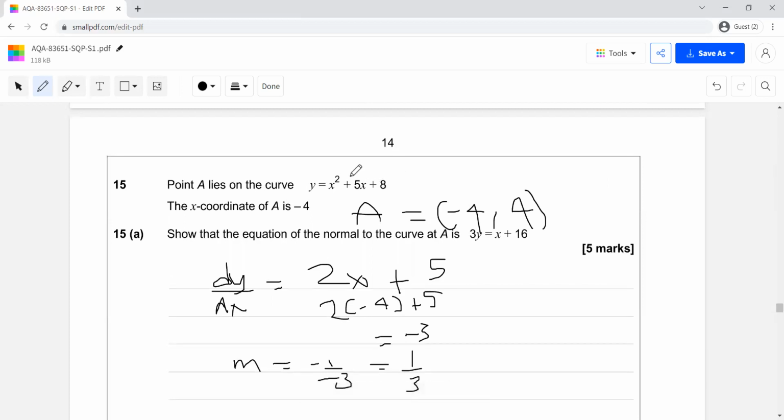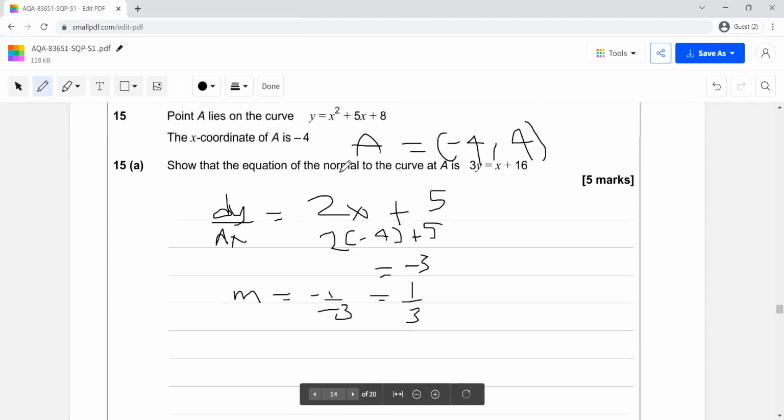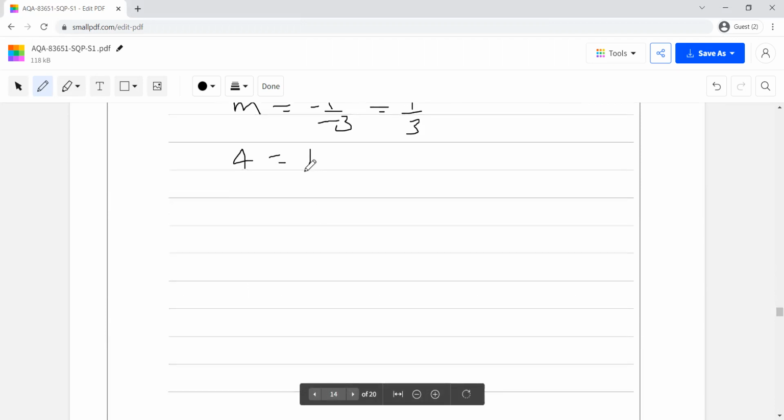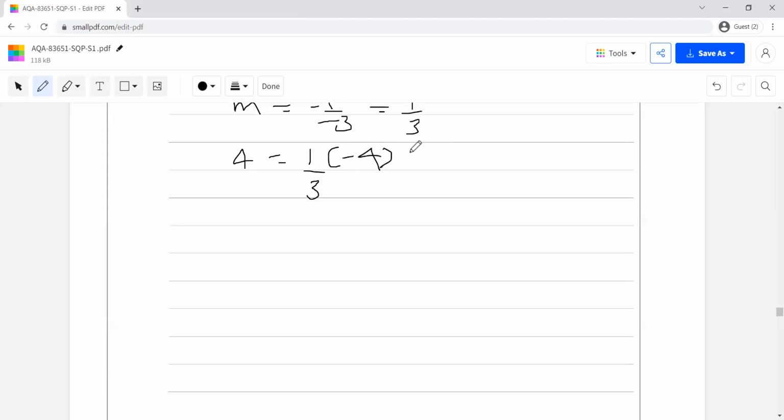And we also know that it passes through the point (-4, 4). So we know that 4 is equal to 1/3 times -4 plus c. So 4 equals -4/3 plus c.